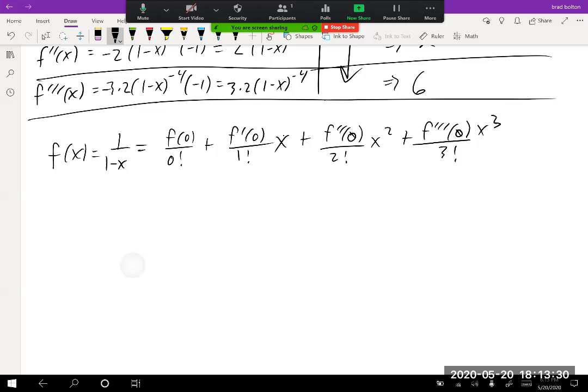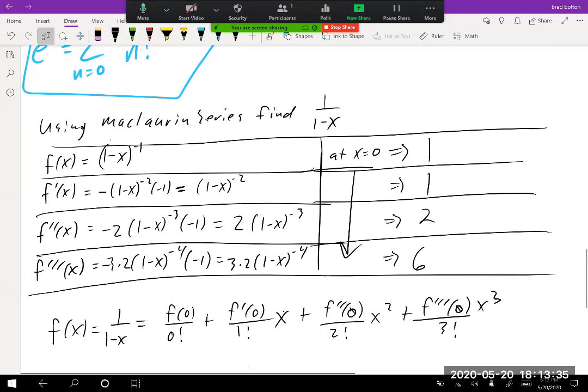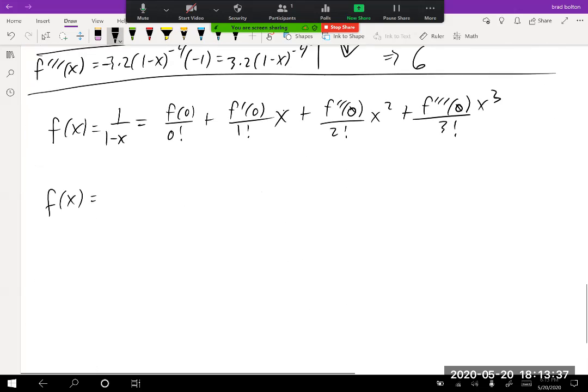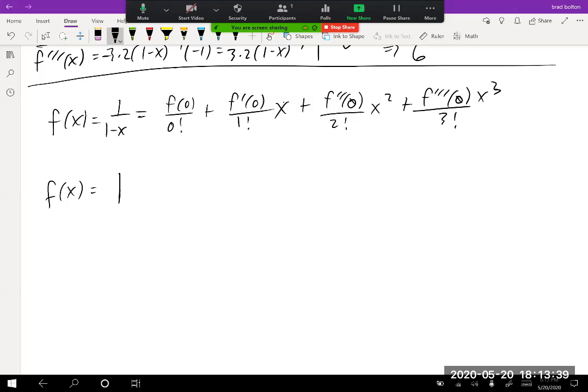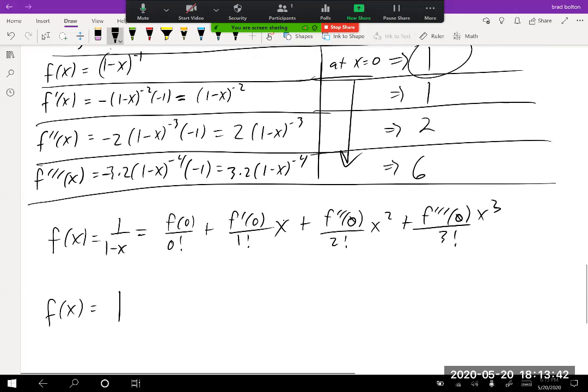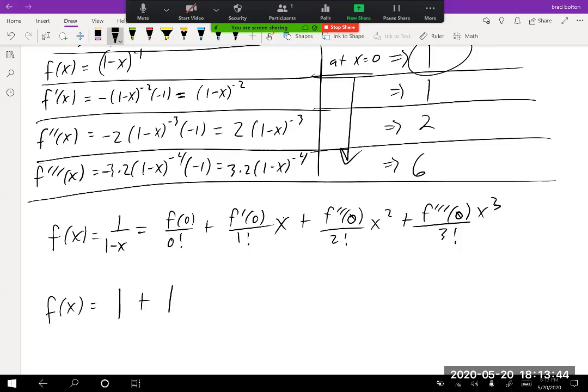So let's just see if this actually worked, right? If we take f of 0, that would be this guy, so we get 1, okay? Now we plug 0 into f prime, but that means we still get 1, divided by 1 factorial times x, plus f double prime, which would be 2 over 2 factorial times x squared, plus, wait a minute, where am I at here?